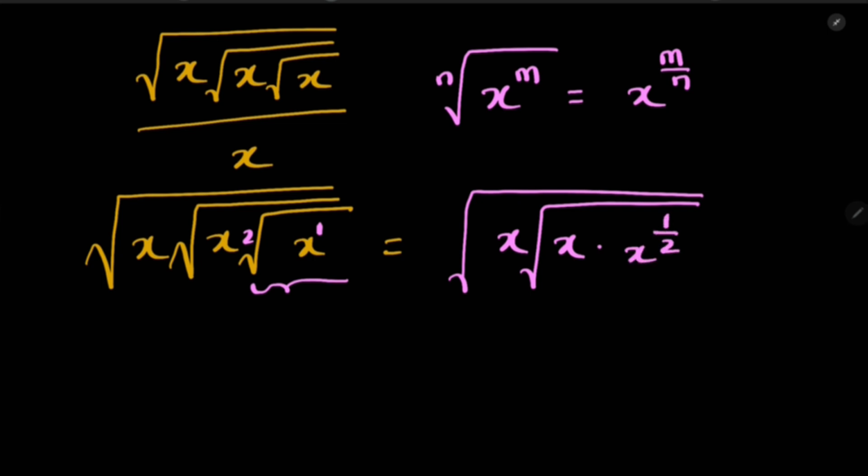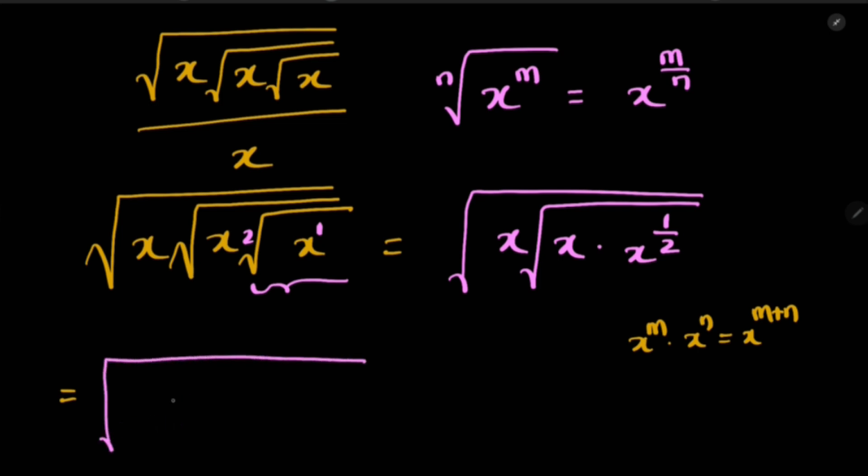Now we know a formula, that is x to the power m into x to the power n is equal to x to the power m plus n. Hence we can write this as square root of x multiply with x to the power, this is 1 plus 1 by 2, that is 3 by 2.